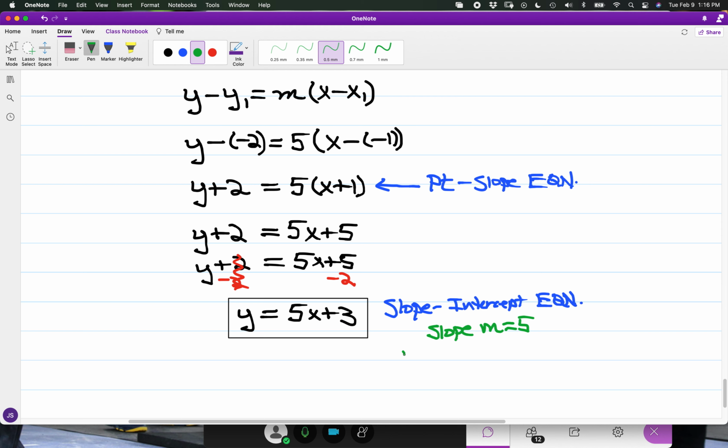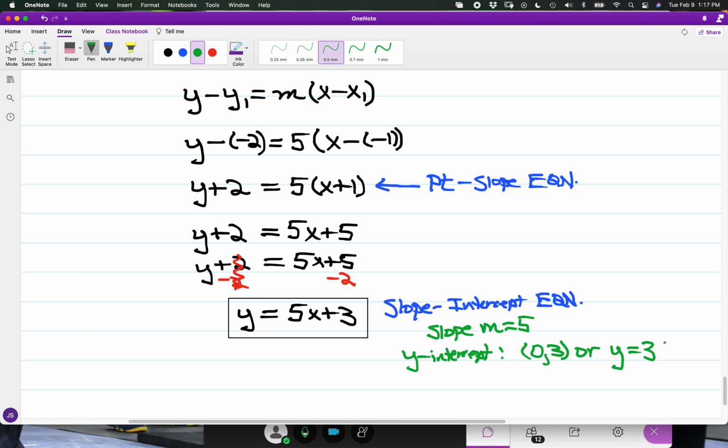Now for the y-intercept, this 3 here, if you put it in coordinate fashion, your b is represented by 3. So you can say we have (0, 3), or that y is equal to 3. So in this particular regard, we have (0, 3), or y is equal to 3.